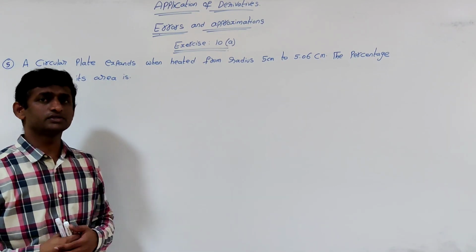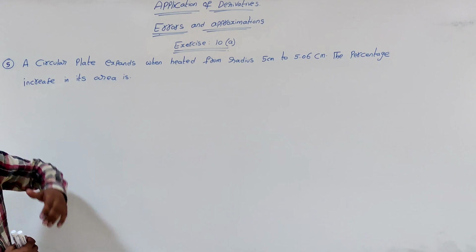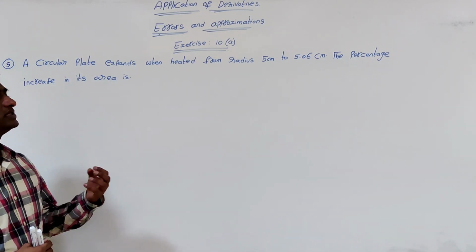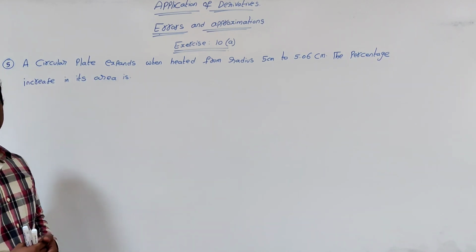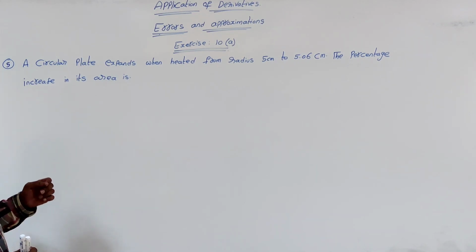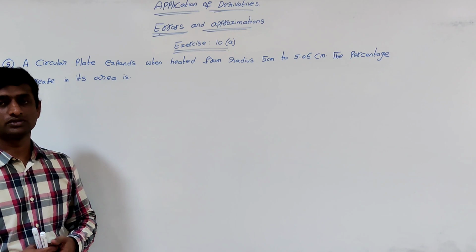The next question is on circle. A circular plate expands when heated from radius 5 centimeters to 5.06 centimeters. Then the percentage increase or the percentage error in its area is.